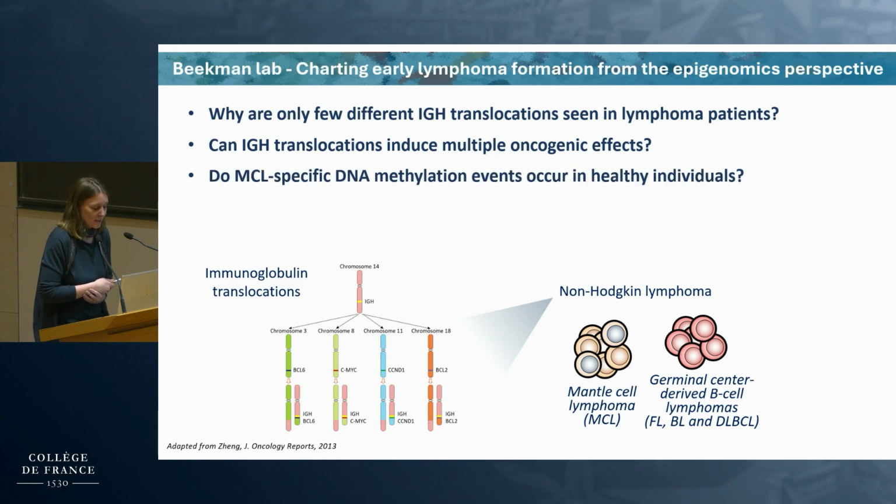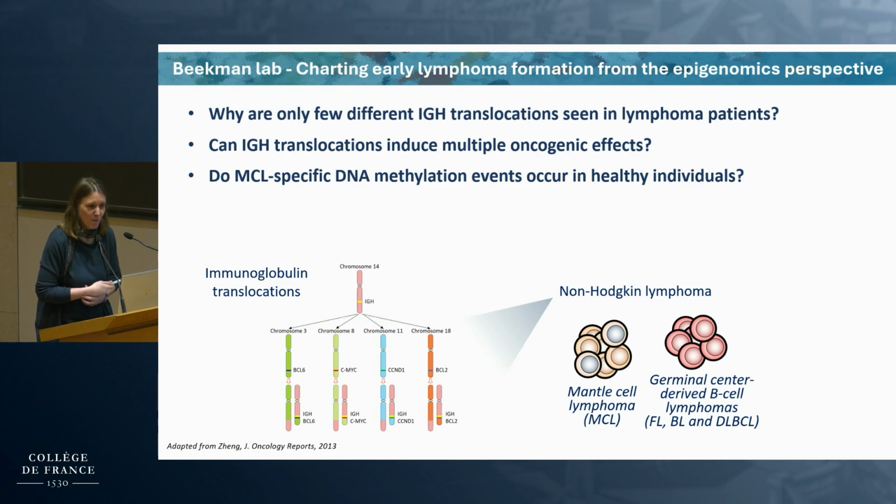A third question focuses on DNA methylation events, which was introduced before. We try to understand the evolution of the enhancer landscape in lymphomas from studying DNA methylation features, which can be used as a readout of past or present enhancer activity.